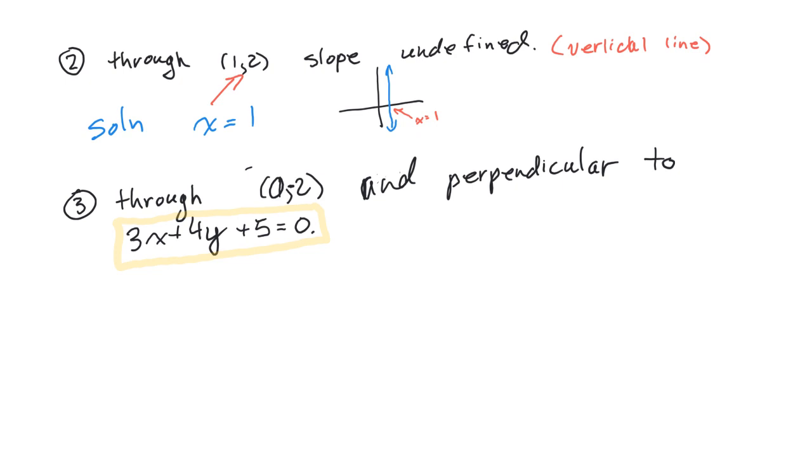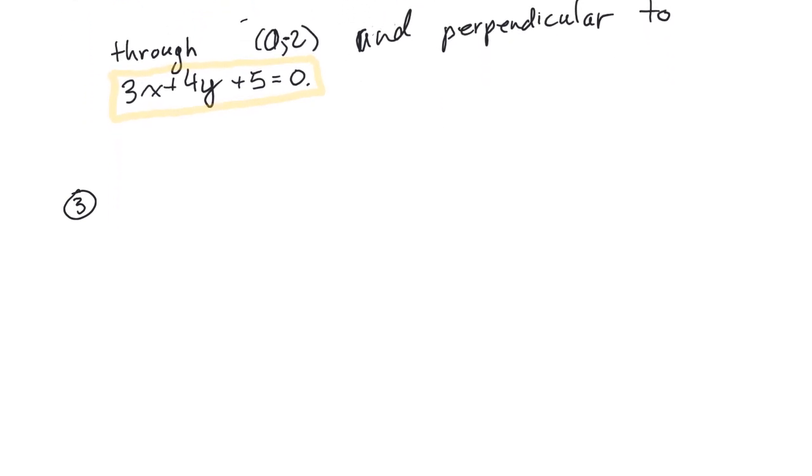So let's move all of this up. So now, it's going through (0, -2) and perpendicular to 3x plus 4y plus 5 equals 0.